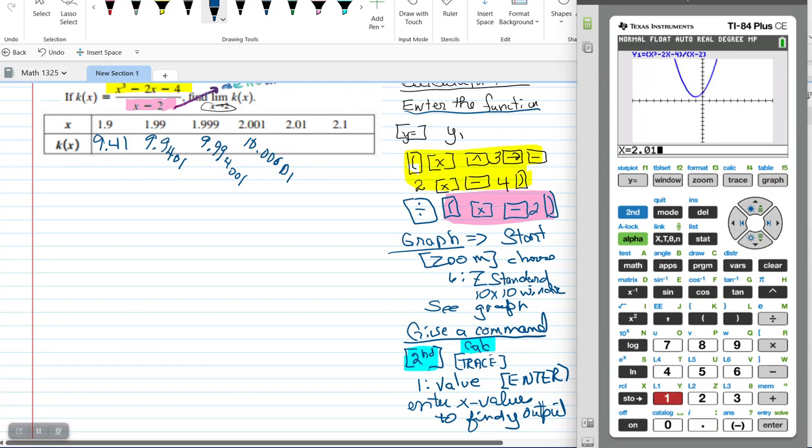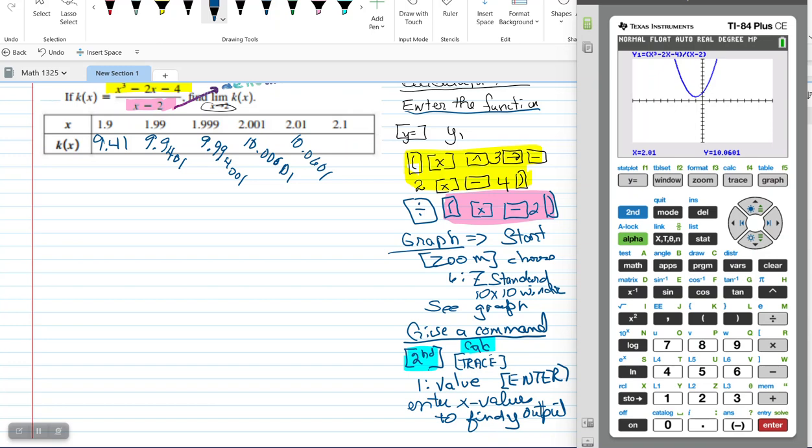It's getting further away from 2 as the decimal places are reduced. And I get 10.0601, getting a little bit larger in value, and at 2.1, I'm getting 10.61.